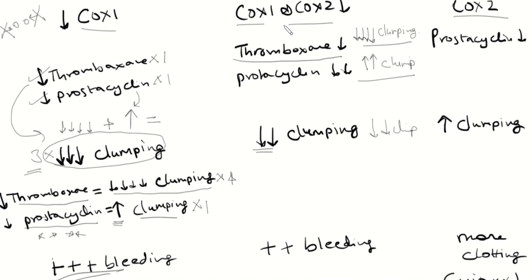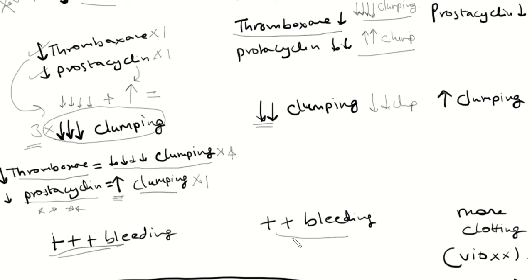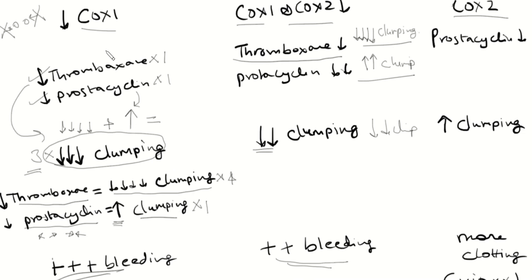If I give somebody a COX-1 and COX-2 inhibitor, or non-selective COX inhibitor, it's not going to make the person have as much bleeding. It will prevent the platelets from clumping, but the effect is not as profound as only the selective COX-1 inhibitor. Okay.